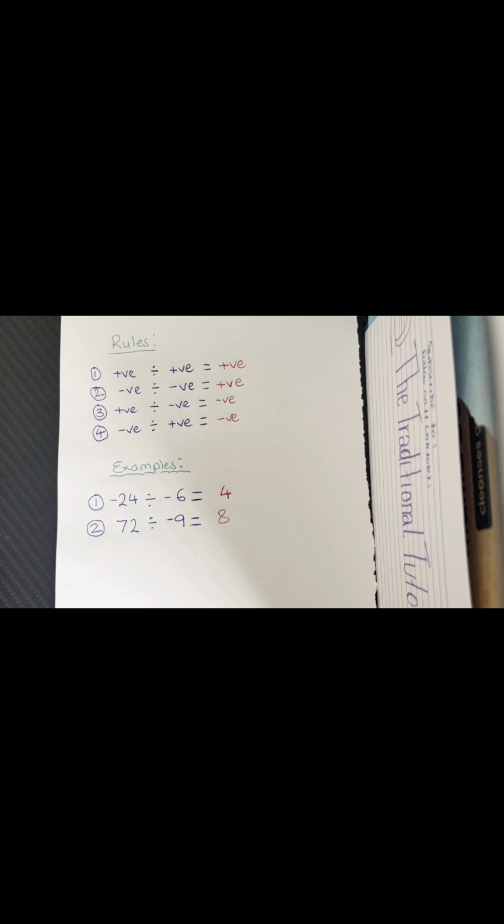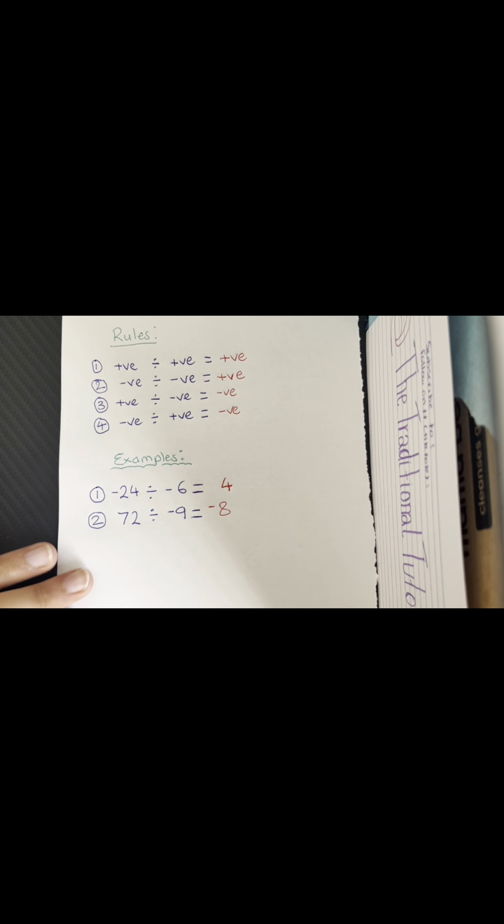And then I can look at the signs. Well, my signs are different. I've got a positive first divided by a negative. And remember, the order in which your signs appear in the question doesn't really matter. Because, you know, you're dividing them, so it doesn't really matter in which order the signs appear. So I've got a positive divided by a negative, different signs, so my answer should be a negative 8, okay, because my signs are different.